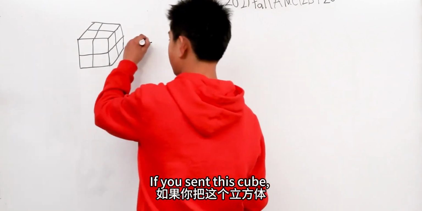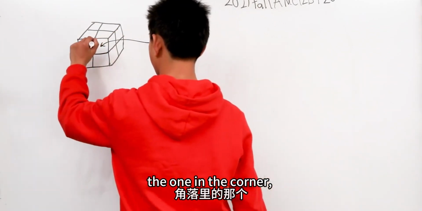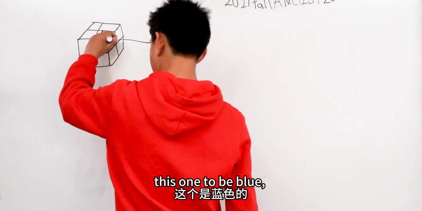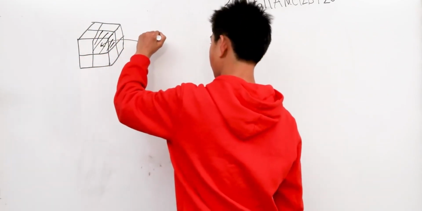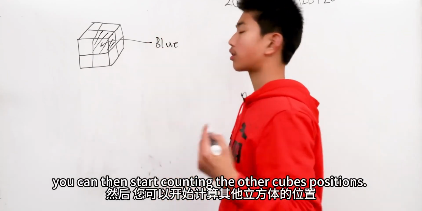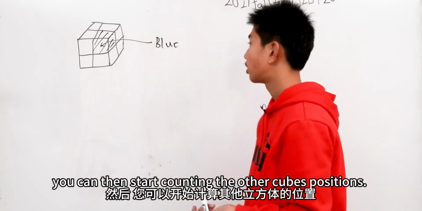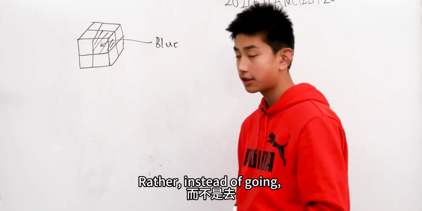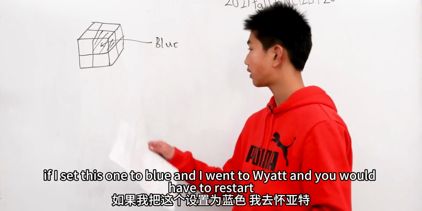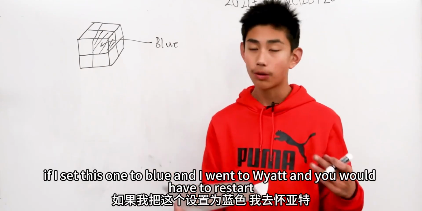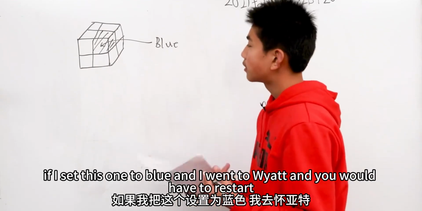If you set this cube, the one in the corner, to be blue, you can then start counting the other cubes' positions, instead of going, if I set this one to blue and that one to white, and you would have to restart each time.